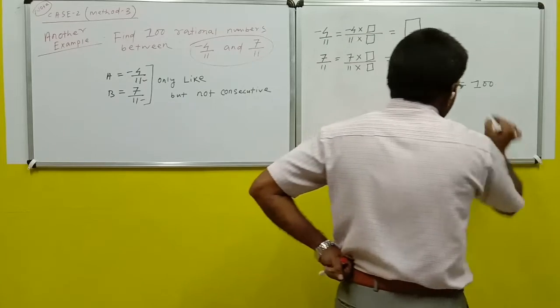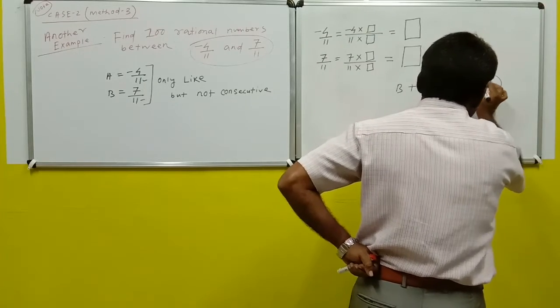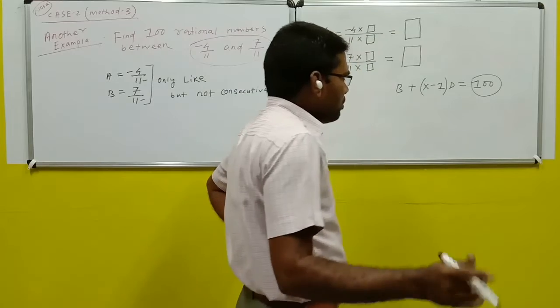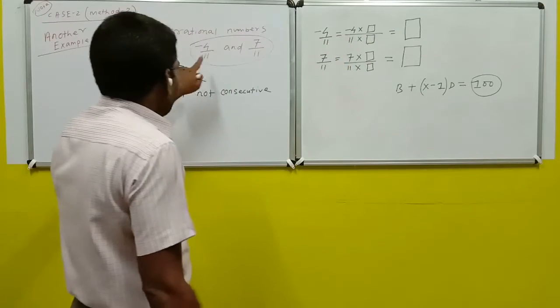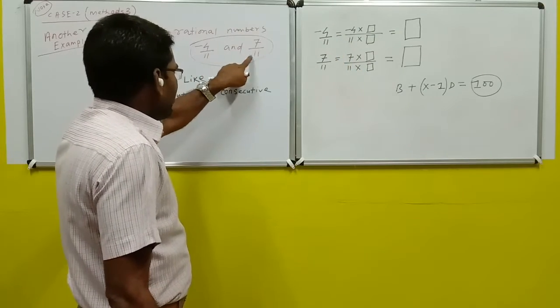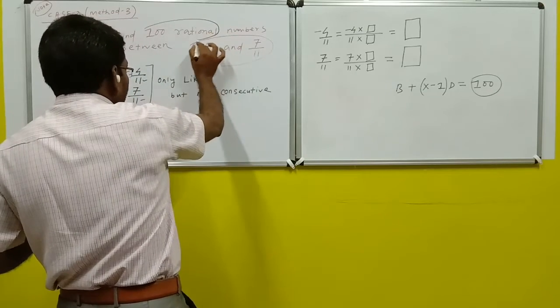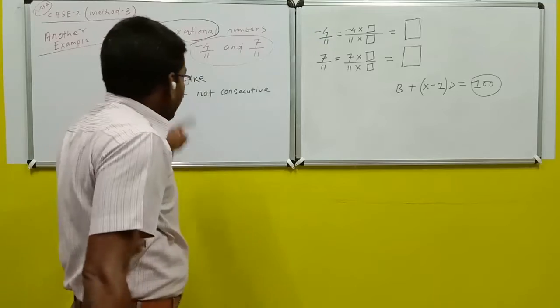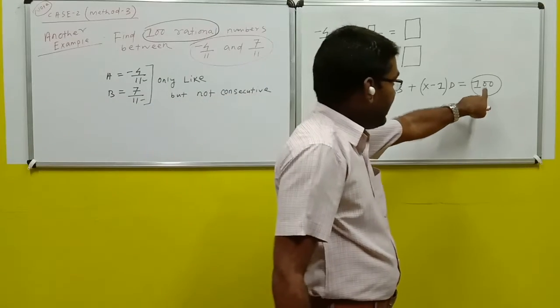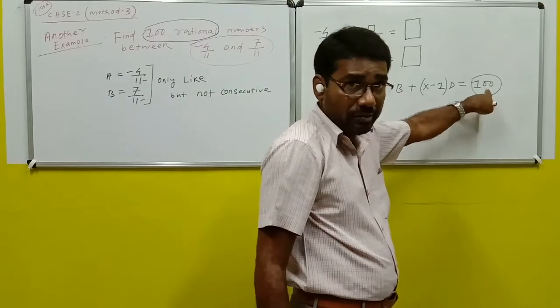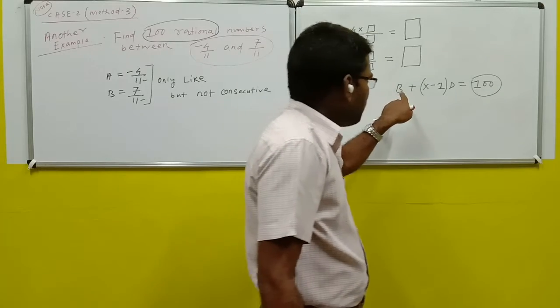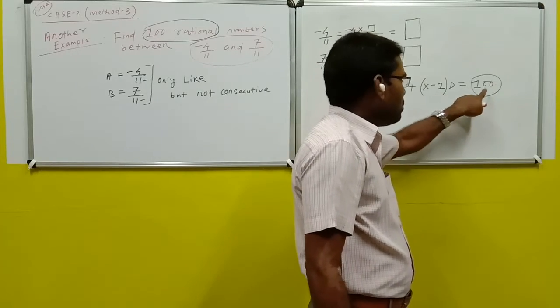Yes, this 100 is the total number of rational numbers to be found between these two. It is already asked in the question: you have to find 100 rational numbers. Therefore, in this place 100 will be written. So now you have got b plus (x minus 1) into d equal to 100.